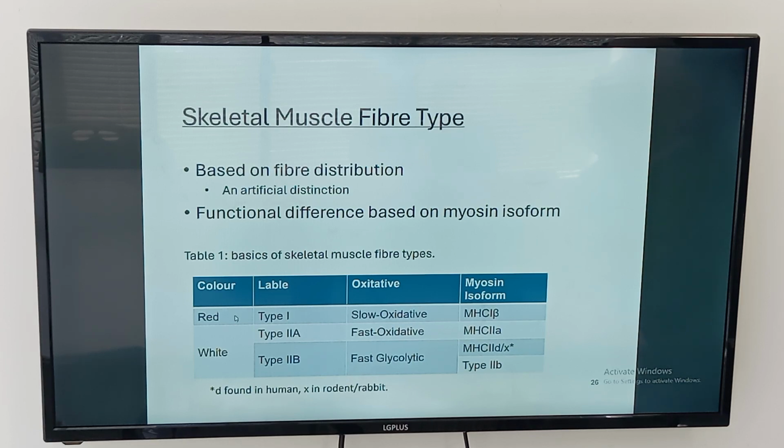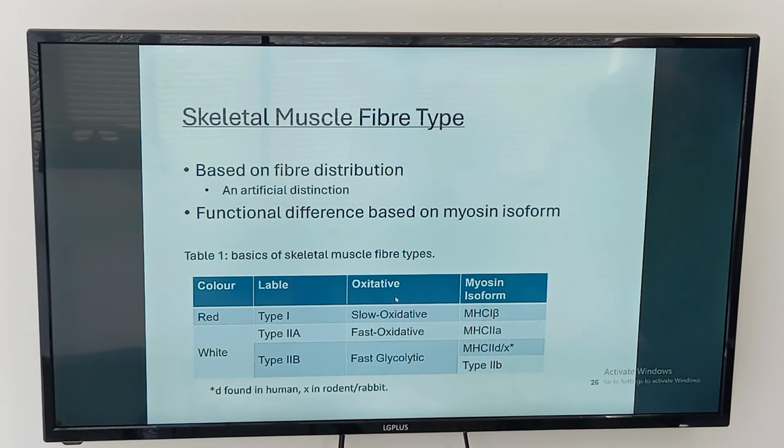First, we have the red color. The label is called type 1, for slow oxidative. Its oxidative state is slow oxidative.